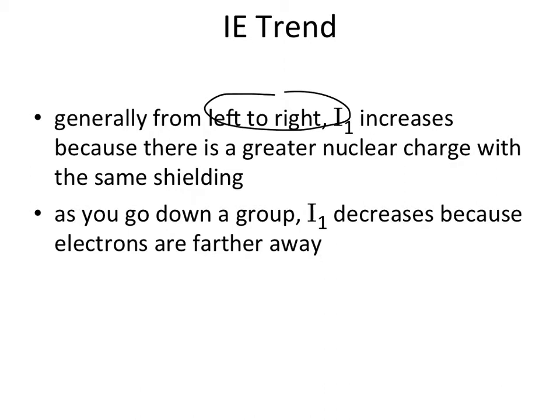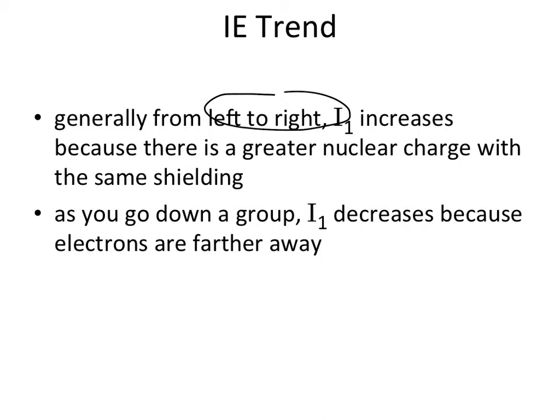The reason why is because as we go from left to right, we have more and more protons being added to each atom. So the number of protons increases from left to right. As we increase those number of protons, the electrons that are also being added go into a shell that does not really contribute much to the shielding of the nuclear charge.